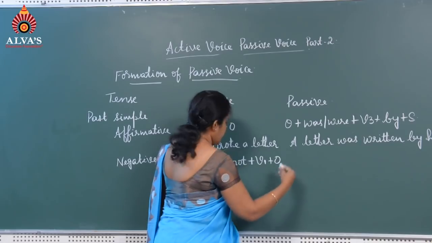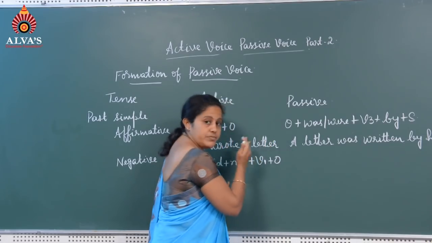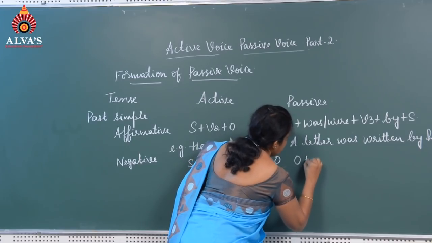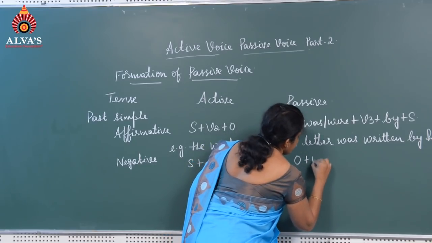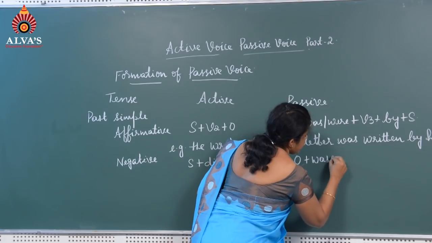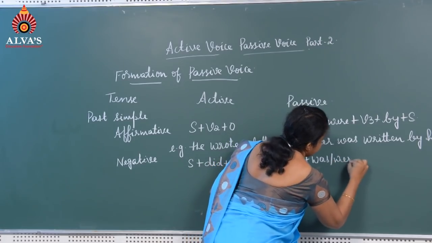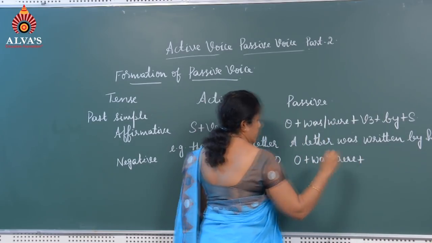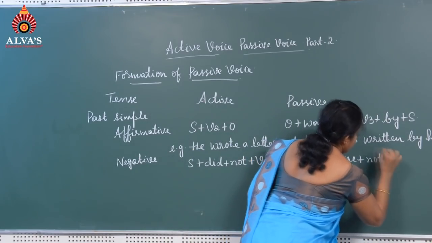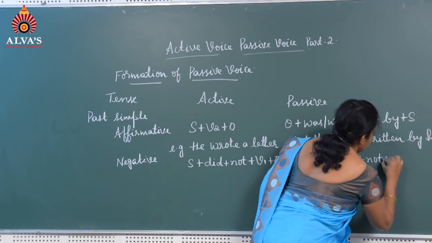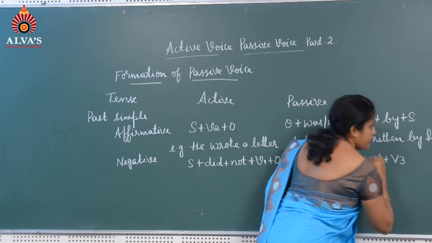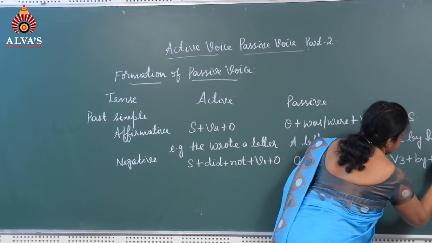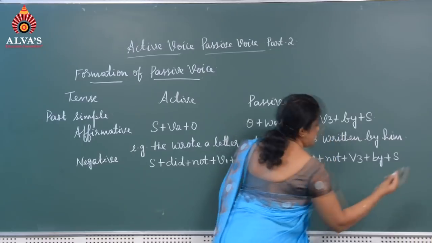In the passive voice, subject becomes object. So, that is object plus was or were plus not plus V3 form of the verb plus by plus subject.